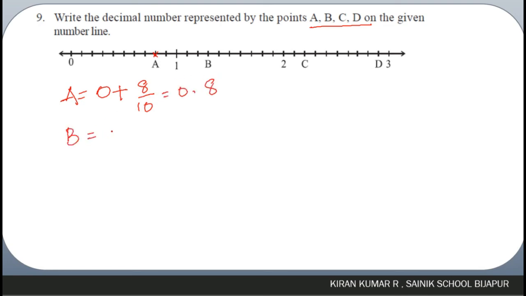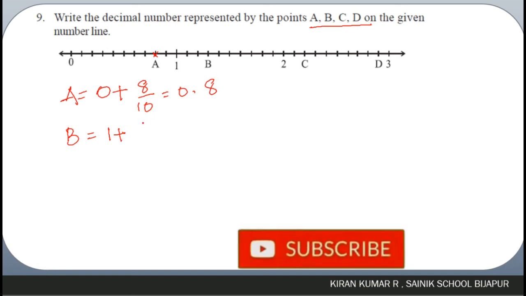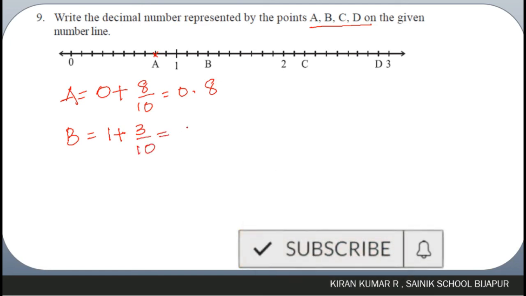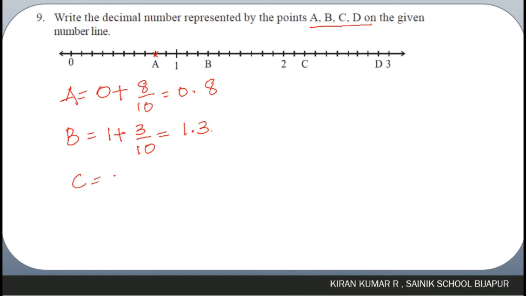B is after 1, at the 3rd place, so 1 plus 3 by 10, because 10 equal parts are there, so we get 1.3. C is after 2, second line, so 2 by 10, which indicates 2.2. And D is after 2, before 3, at the 9th part, so it is 2.9.